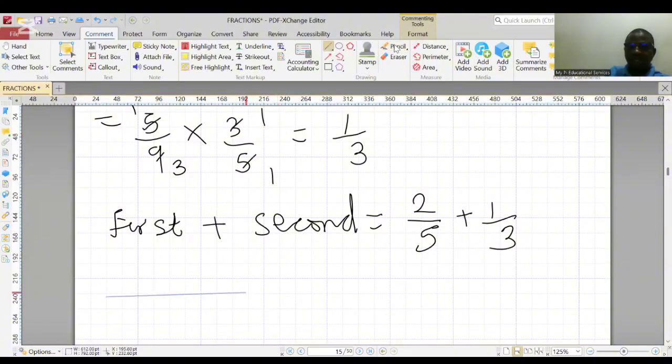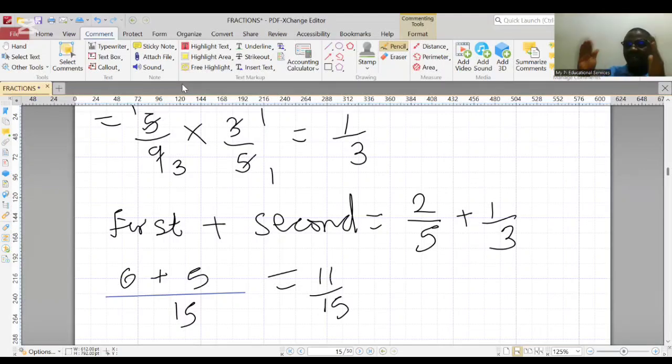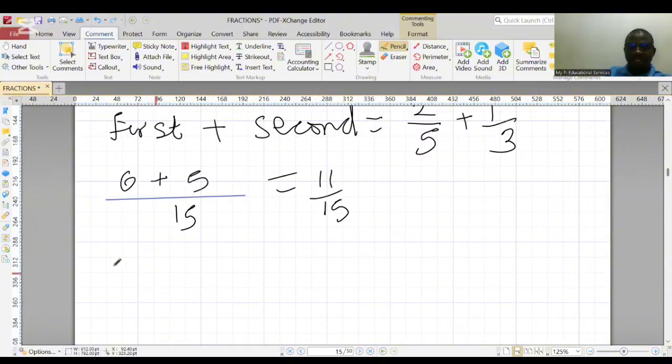The LCM is 15. So we have 15 divided by 5, that is 3, and 3 times 2 is 6, plus 15 divided by 3 is 5, and 5 times 1 is 5. So the first and the second girl will receive 11 out of 15. That is, when the sweet is divided into 15 parts, both the first and the second girl will share 11 parts.